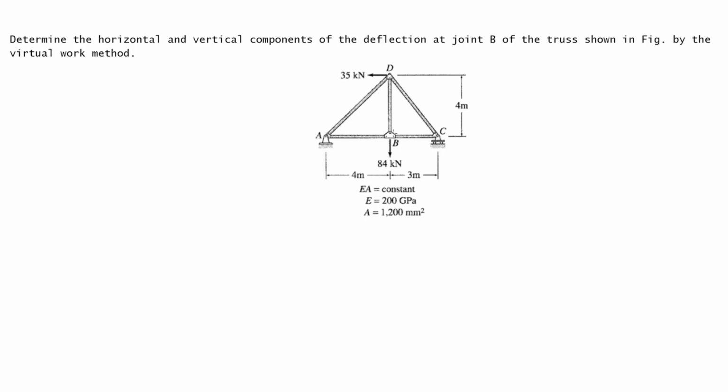Let's repeat the formula. One way to memorize the formula is to always write it: 1 delta is equal to summation of F v times F L over A E. EA is constant, where the area is 1,200 millimeter square, the cross-sectional area, and the modulus of elasticity is 200 gigapascal.